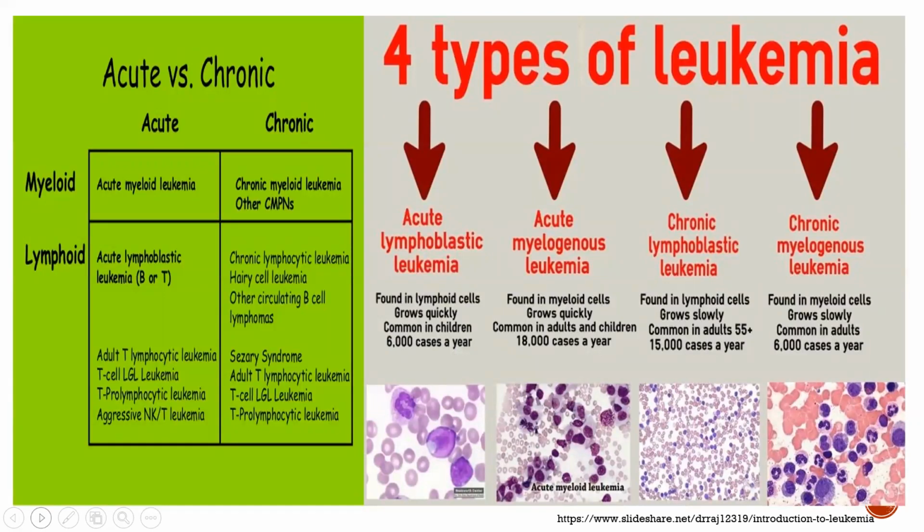There are several types of leukemia. We can distinguish acute and chronic leukemias, and according to the germ of production or the type of blood cell production, it can be lymphoblastic or myelogenous leukemia. So in total, we have 4 different types of leukemia: acute lymphoblastic or myelogenous leukemia, and chronic lymphoblastic and myelogenous leukemia.